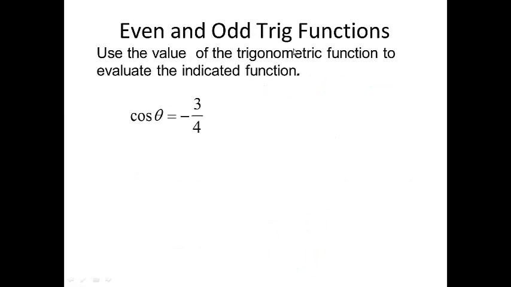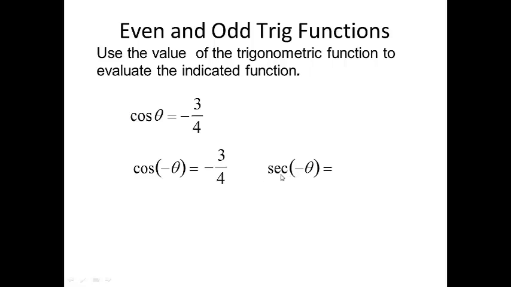So, use the value of the trig function to evaluate the indicated function. What is it if cosine of theta is equal to -3/4? If cosine of some angle gives you -3/4, what's the cosine of the negative of that angle? Well, I know that this is an even function, so it doesn't change the sign of this. If this was positive, the negative theta would give me a positive 3/4.